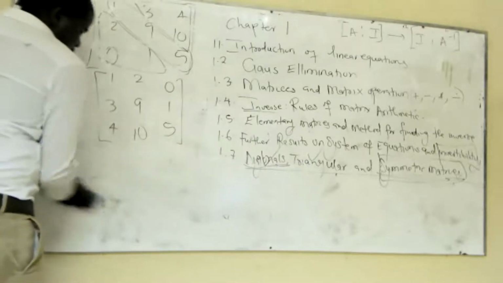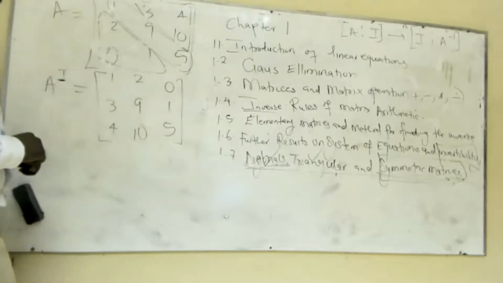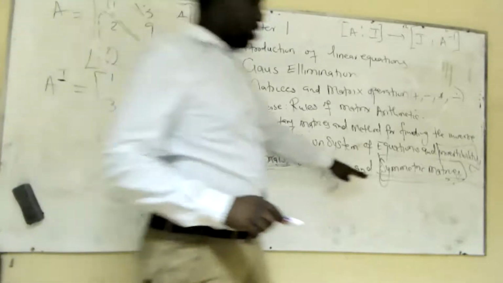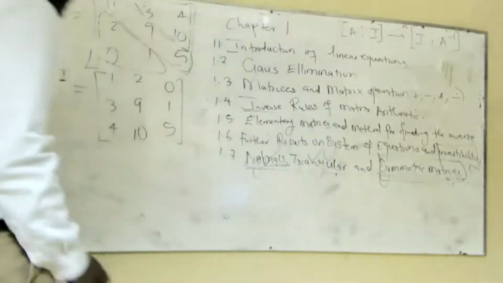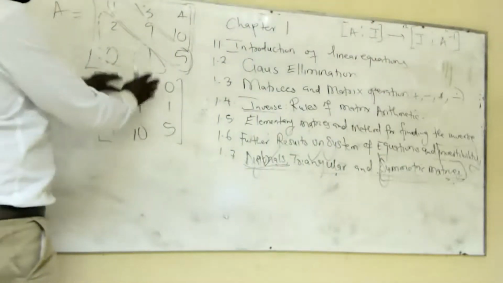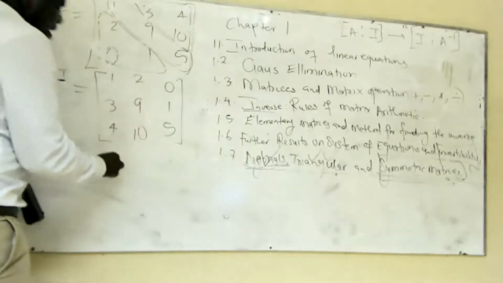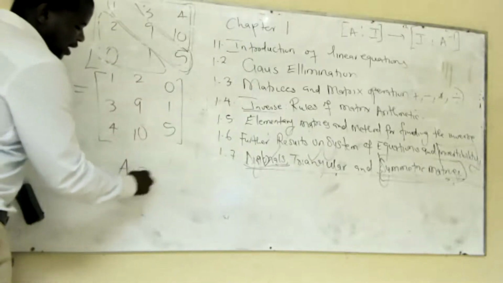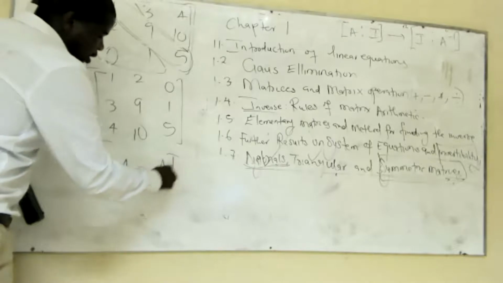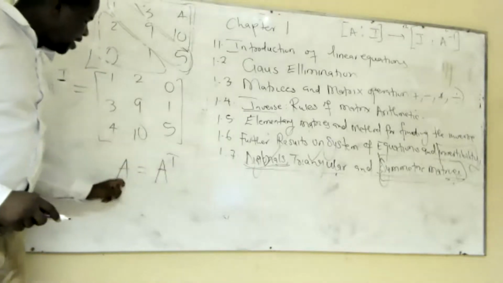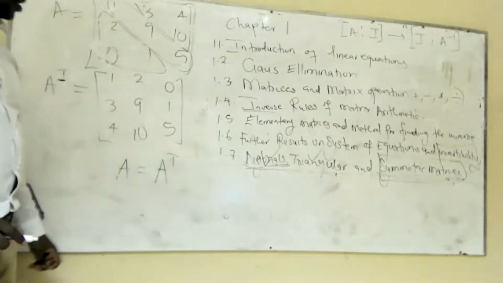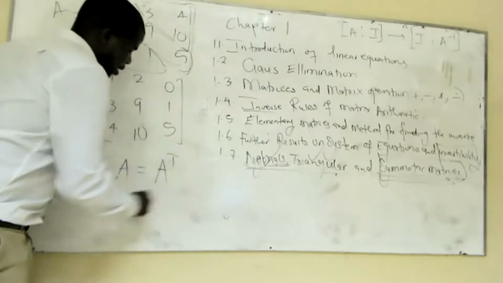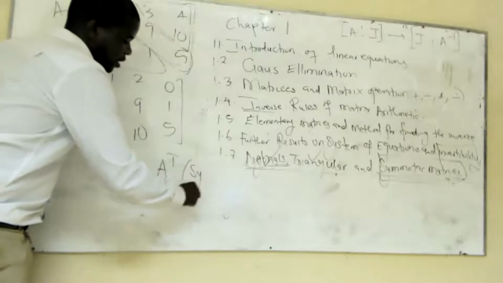Yes, exactly. So now let's get to the business of the day of finding what is called the symmetric matrix. A matrix is called symmetric if it meets this one very important condition. If the main matrix A is equal to the transpose of matrix A, then we call it a symmetric matrix.